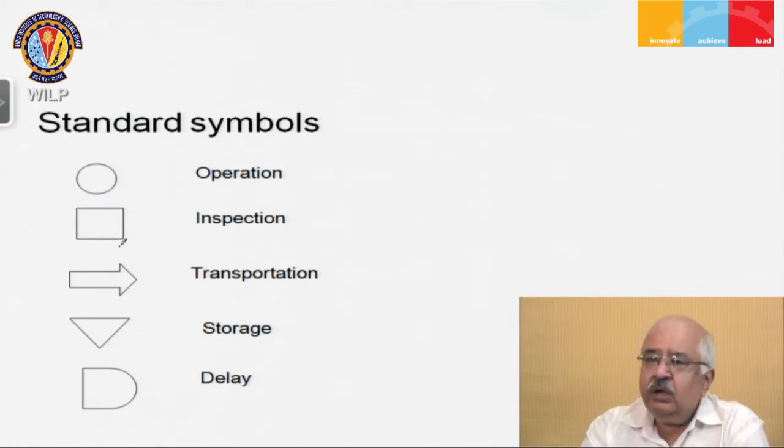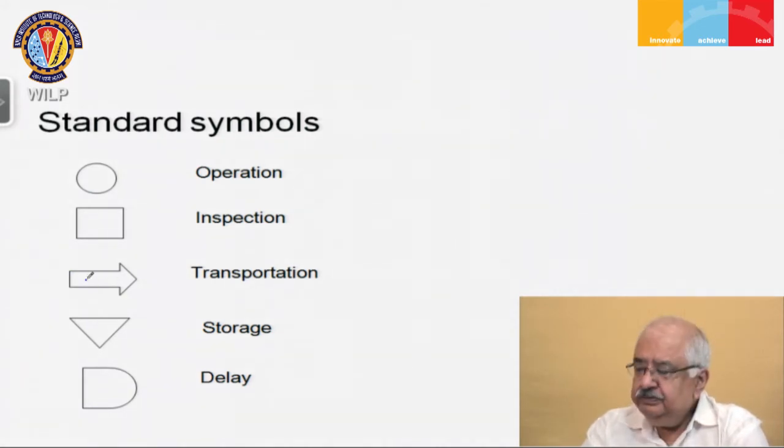A square or a rectangle will be used to denote an inspection operation where we are checking something, testing something, counting something. Those steps will be referred to as inspection and will be denoted by a square or a rectangle. An arrow will denote transportation. An inverted triangle, as we see over here, will denote storage.